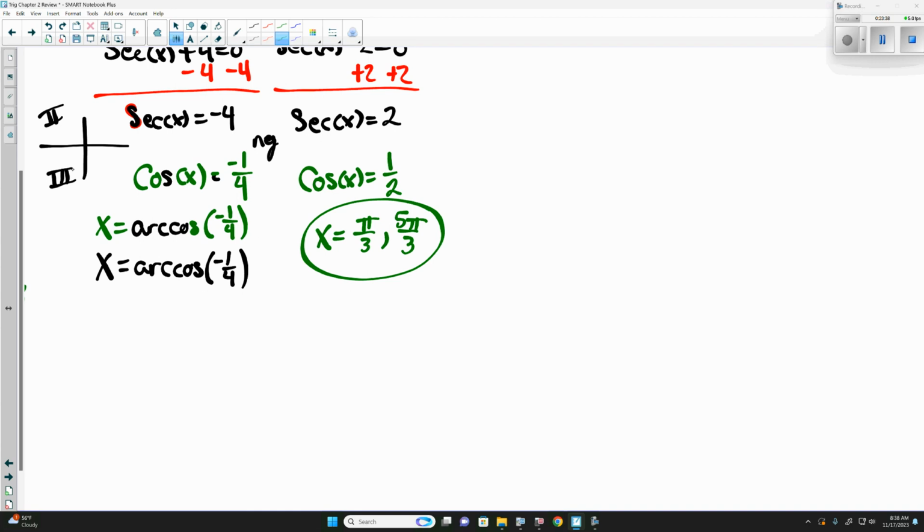So if we want the reference angle for that, to get the reference angle, we would subtract it from pi.